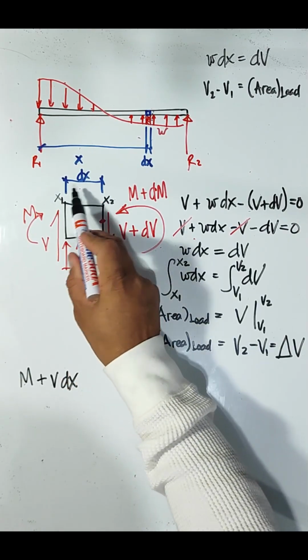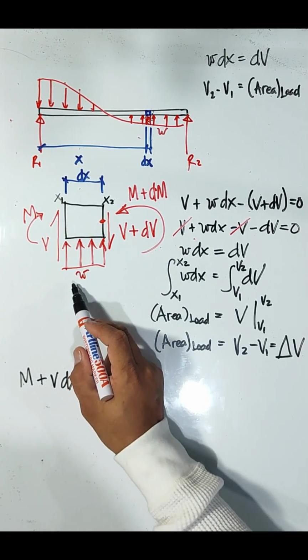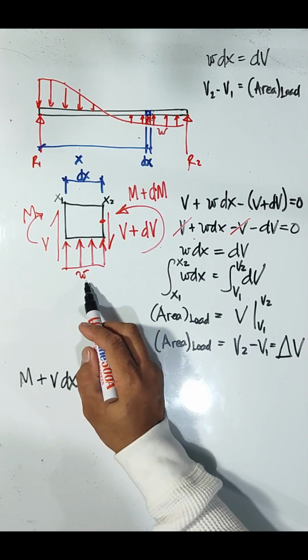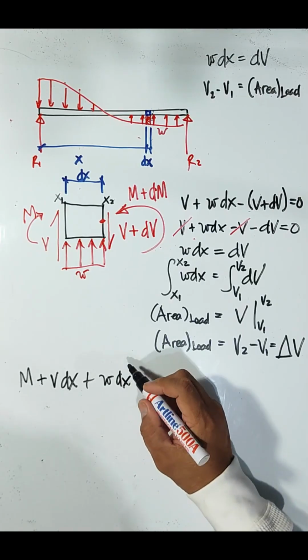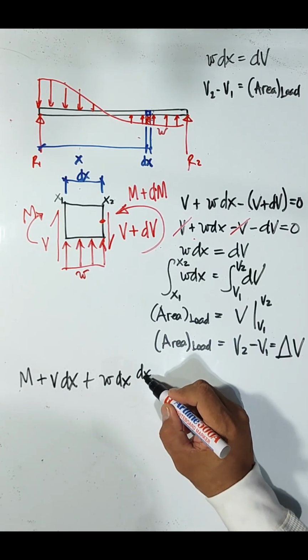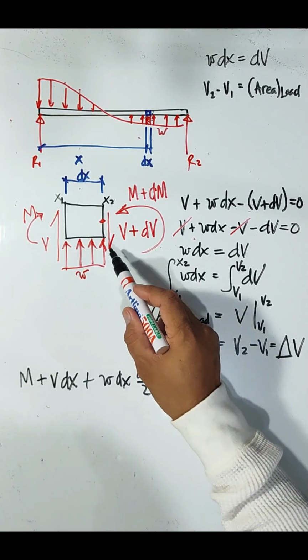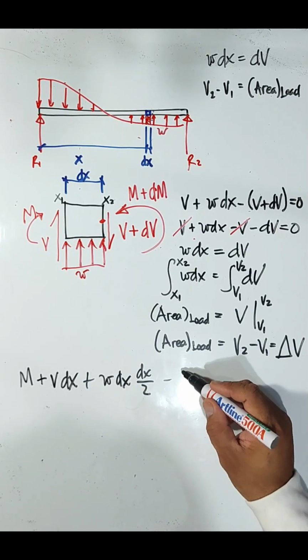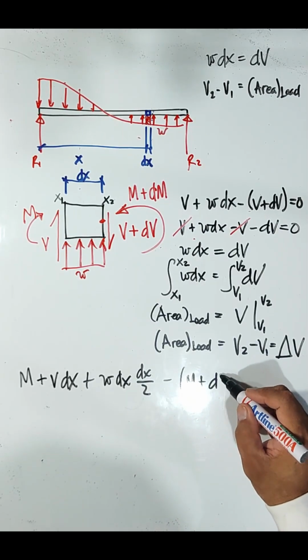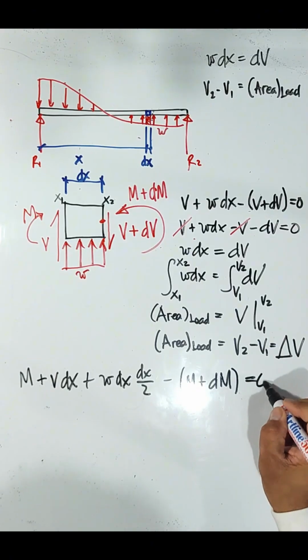That's V times the distance dx, plus the moment created by the load W, that will be W dx times the moment arm dx over 2. And then this one is minus M plus dM equals 0.